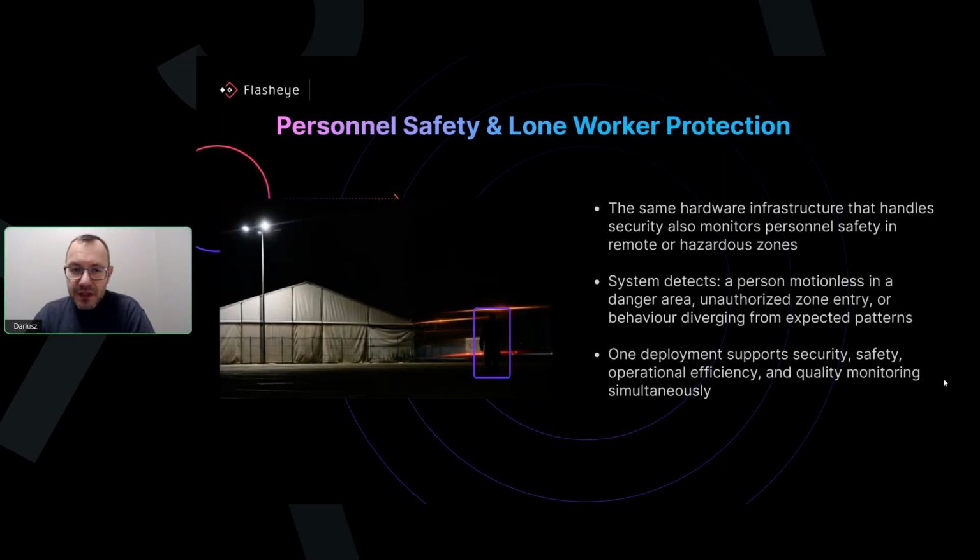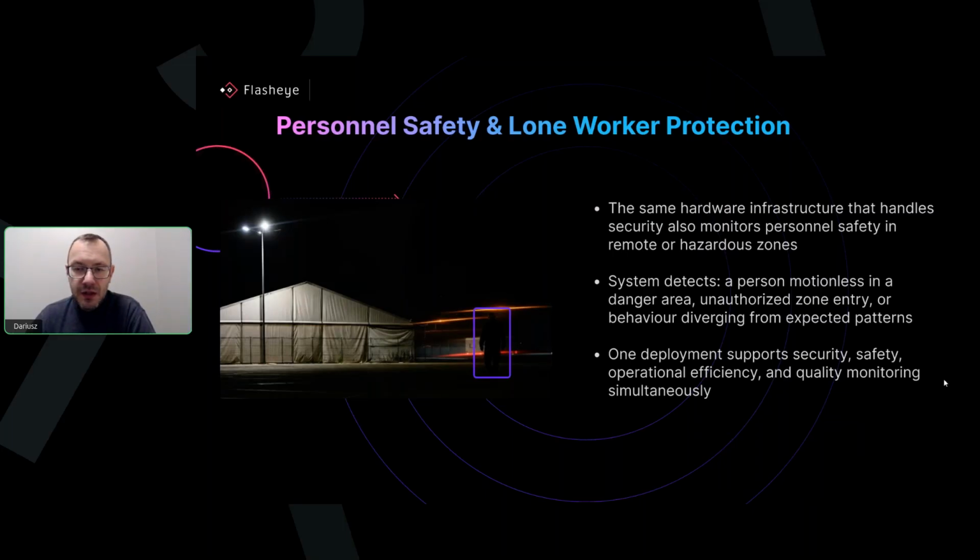Another important thing is personal safety and lone worker protection. The same hardware, same sensors, same perception system that handles security is also able to monitor personal safety in remote and hazardous zones.